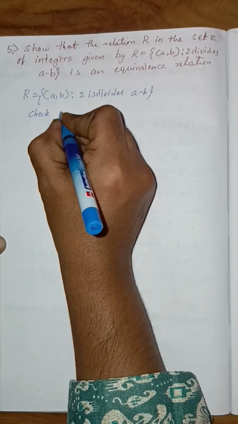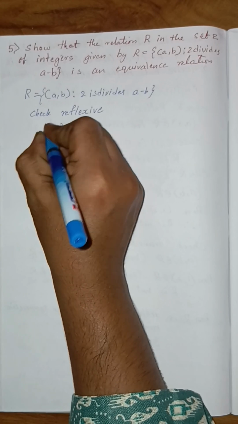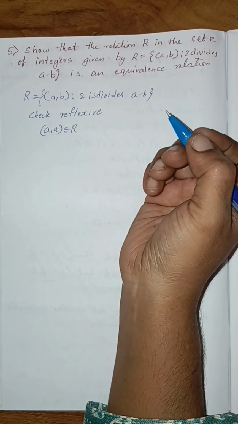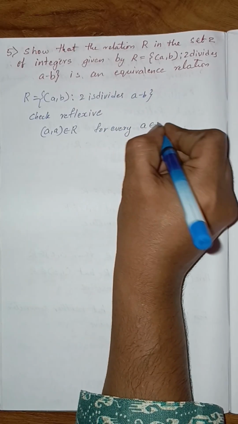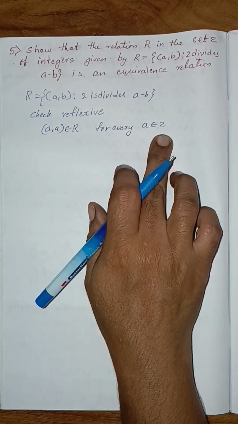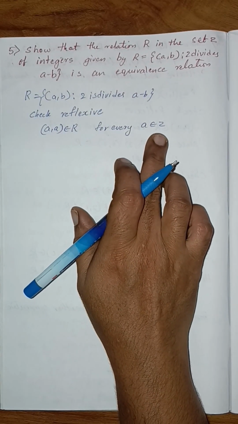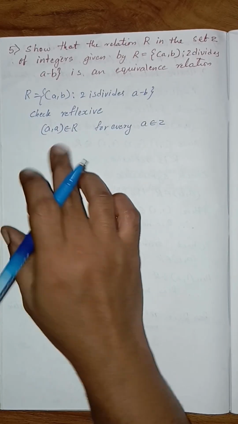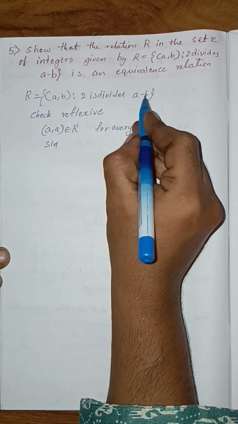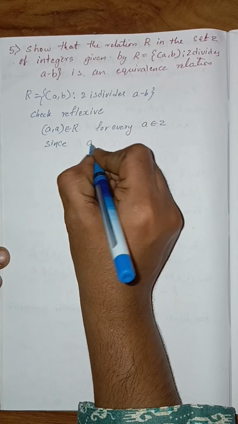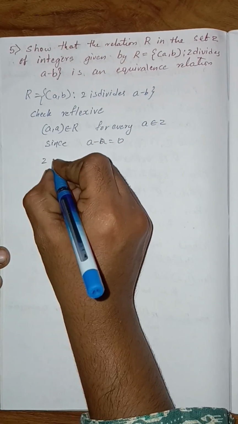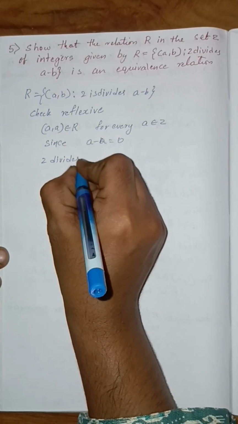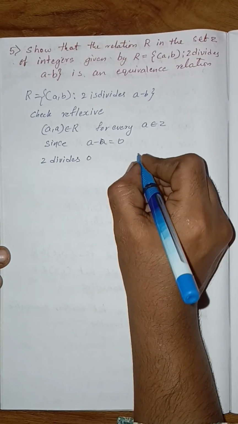We'll first check for the reflexive. According to reflexive, (a, a) belongs to R for every a belongs to Z. So for every a in integers, (a, a) should belong to R. Since a minus a is 0, 2 divides 0.